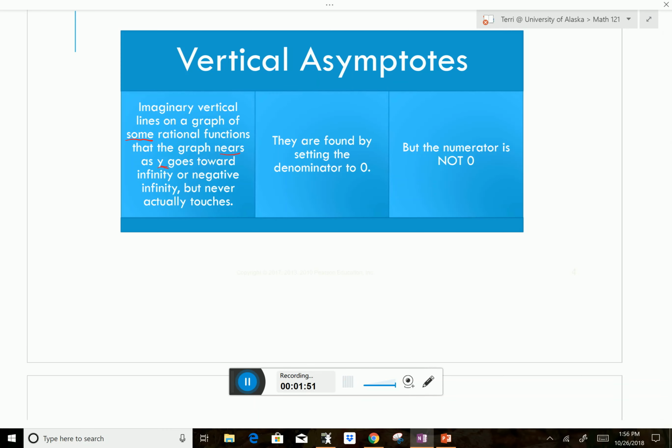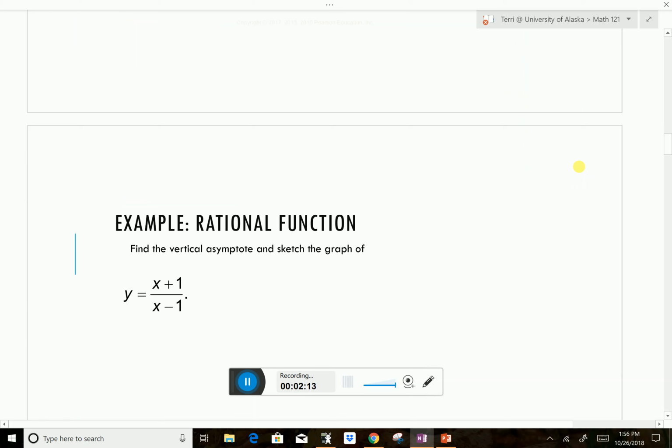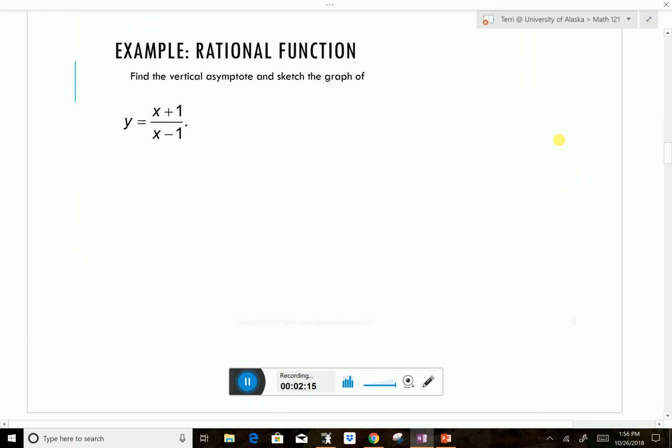So these are found by setting the denominator equal to 0, but they are places in which the numerator is not 0, because if the numerator is 0, there's some canceling that can be done because of the fundamental theorem of algebra.